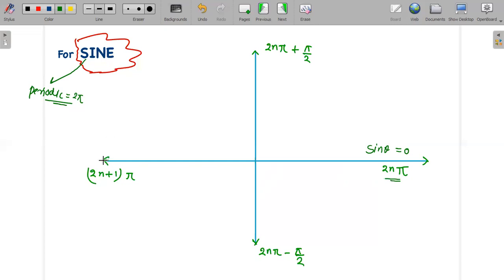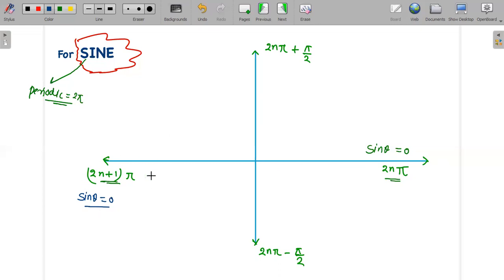Similarly, if we are at the negative x-axis, or you may say the angles are odd multiples of pi, what will be the value of sine corresponding to these angles? Then you would say the value is still 0, because we know the value of sine pi is 0, which means 3 pi, 5 pi, and every odd multiple of pi will give you a result equal to 0.